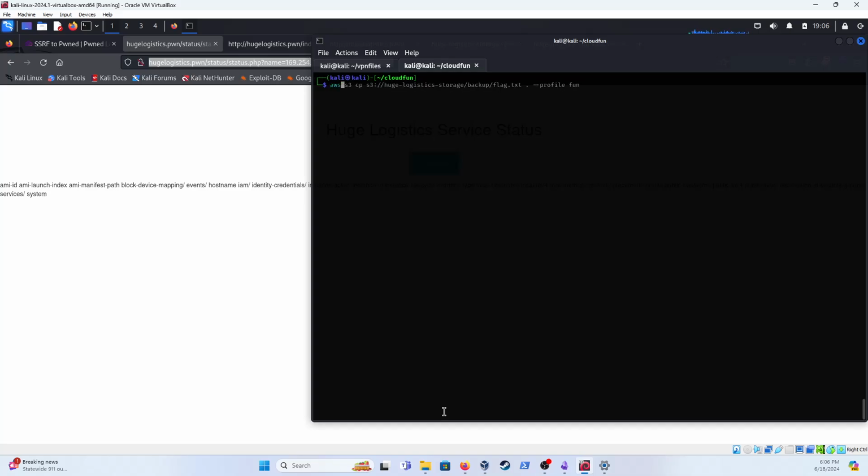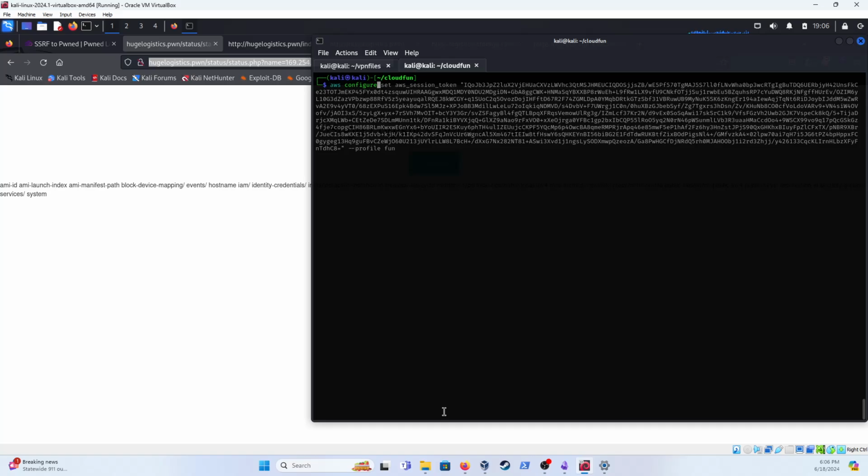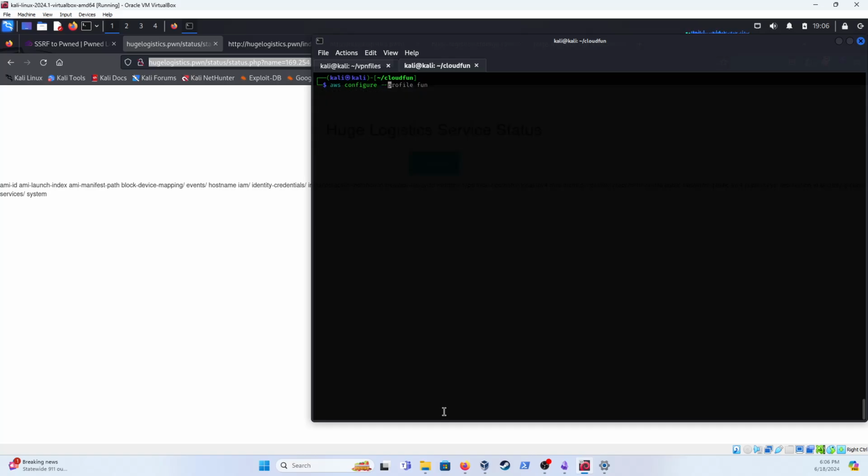And now what we're going to do is aws configure, and I'm just going to do a profile of Plato, the philosopher. So the aws configure command, you're just configuring the AWS execution context.